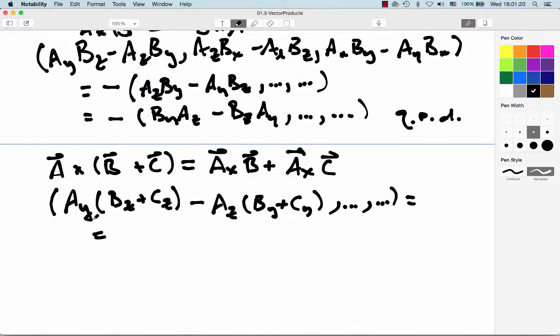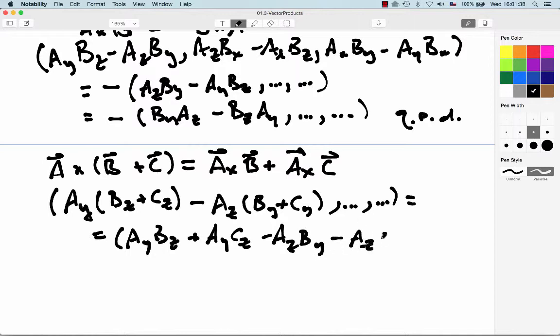Okay, now I can go ahead and distribute the scalar multiplication over scalar addition. That's no problem at all. So this becomes AyBz plus AyCz minus AzBy minus AzCy, in two more terms.